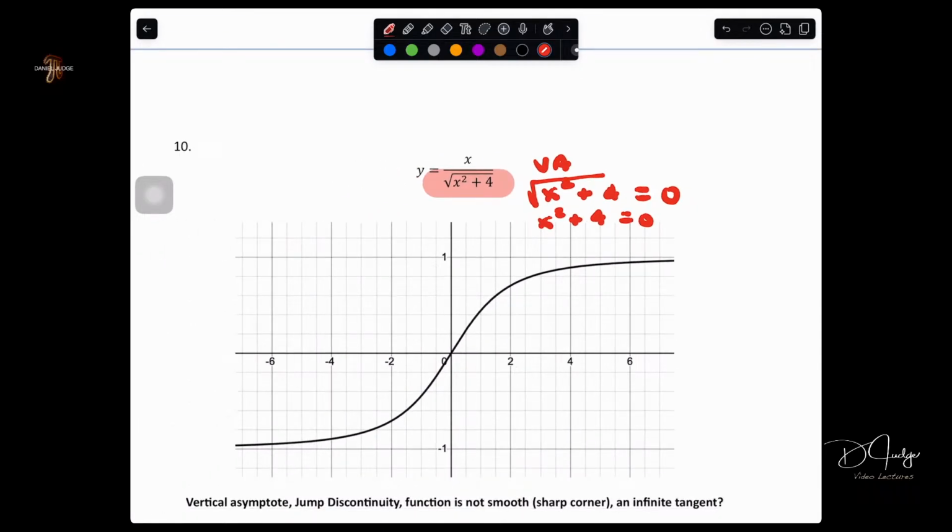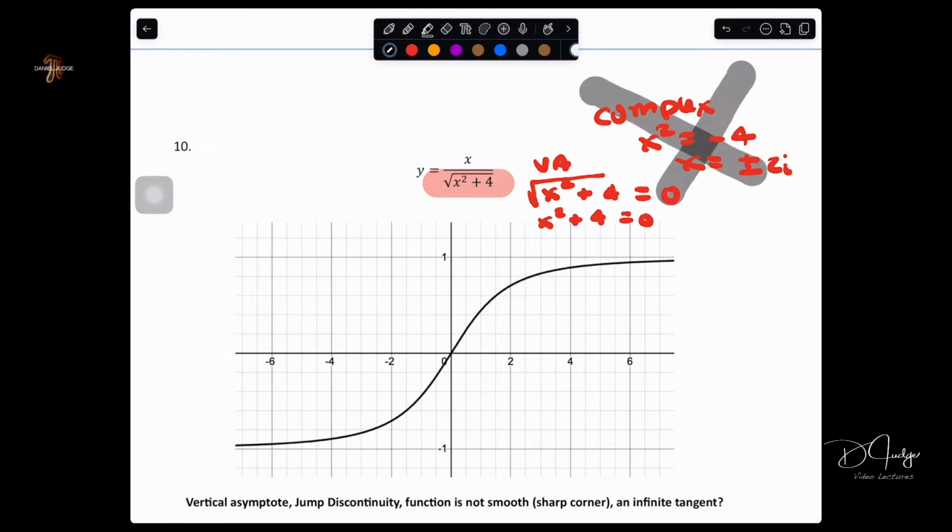You'll get complex solutions. Trying to solve this gives you complex numbers, meaning x squared is negative 4, so x will be plus or minus 2i. This is not calculus of complex numbers. We throw this out. It's calculus of real variables.